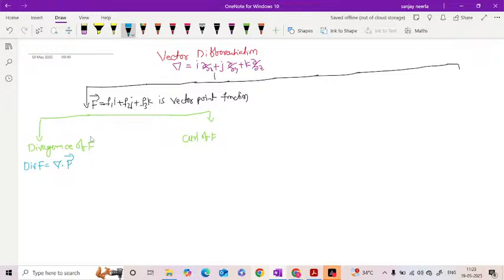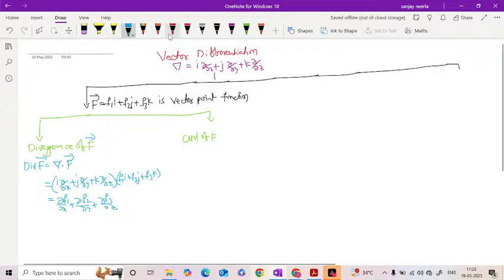This is the vector field, and the calculation is i into dou by dou x plus j into dou by dou y plus k into dou by dou z, dotted with f1 i plus f2 j plus f3 k. That is the dot product of these two vectors, which must be a scalar only. So dou f1 by dou x plus dou f2 by dou y plus dou f3 by dou z.